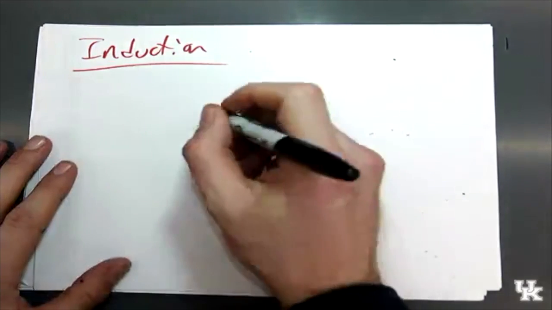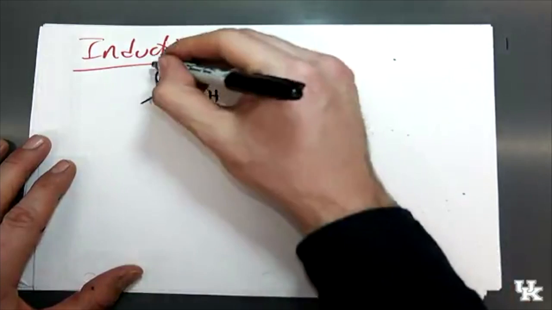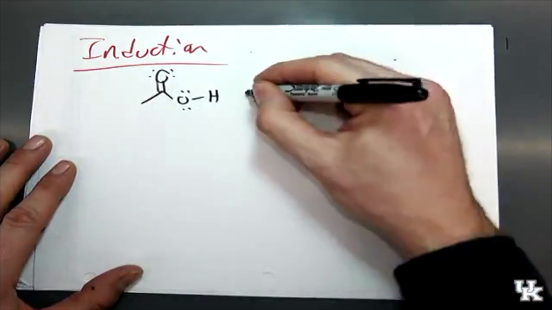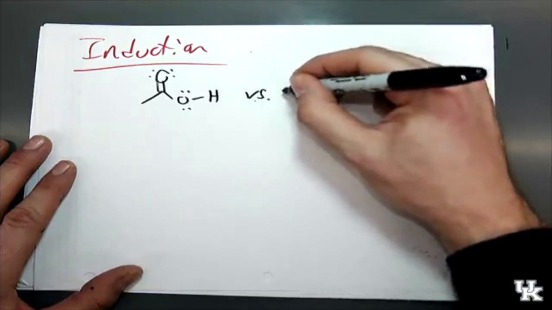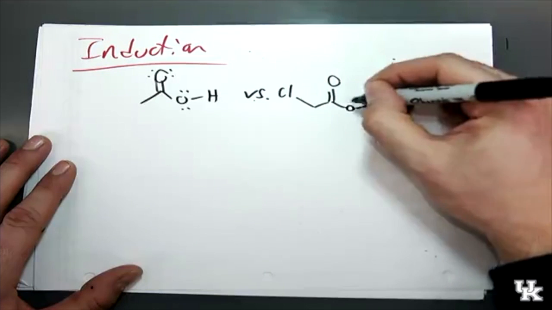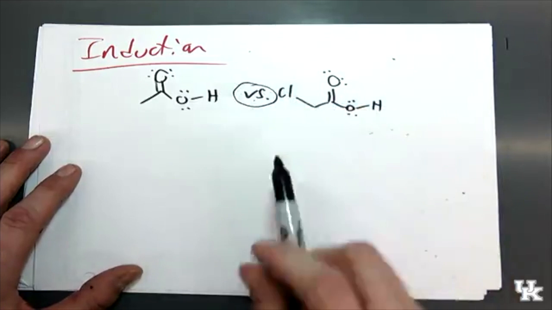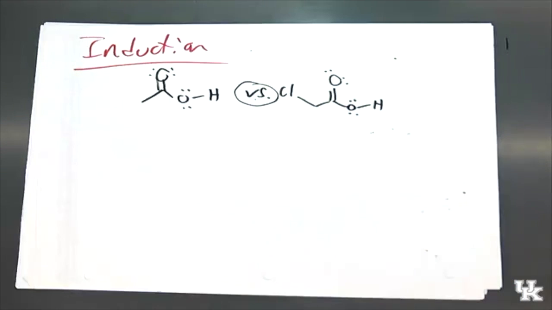All right, so induction is the premise of dipoles making a conjugate base more stable. And when I say that, I mean that if you take two molecules, like this acetic acid, drawing lone pairs, and you compare its acidity to something like this, where you have these two molecules, you cannot use our first two categories to say which one might be more acidic, right?